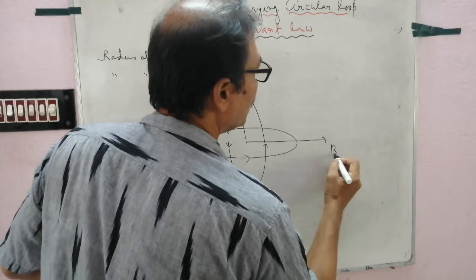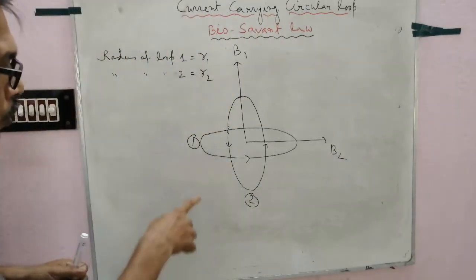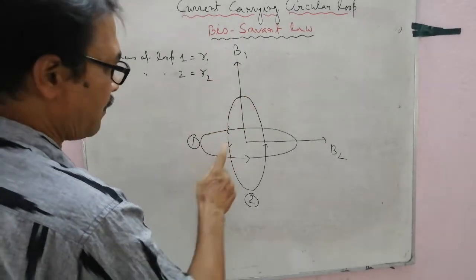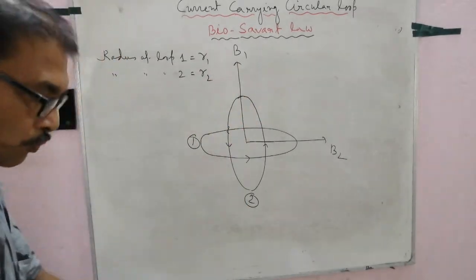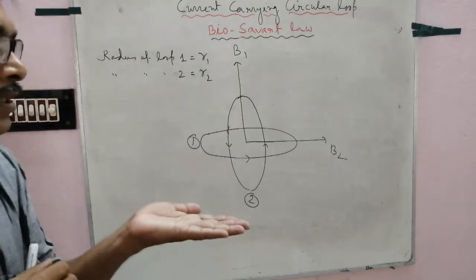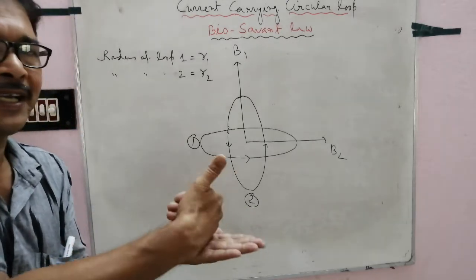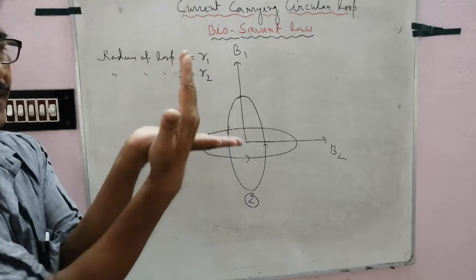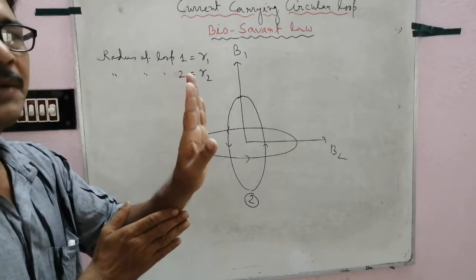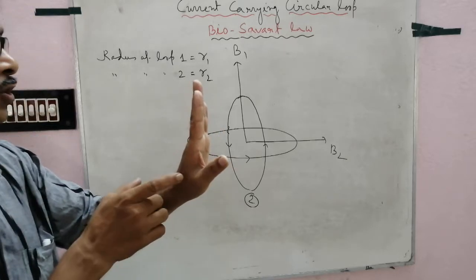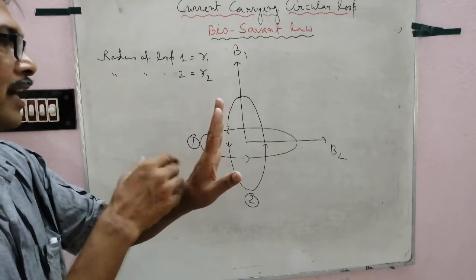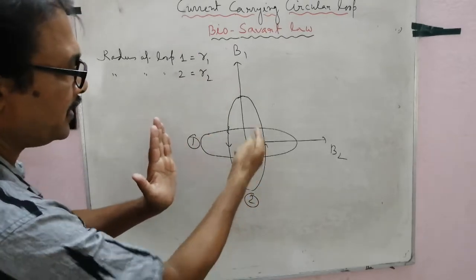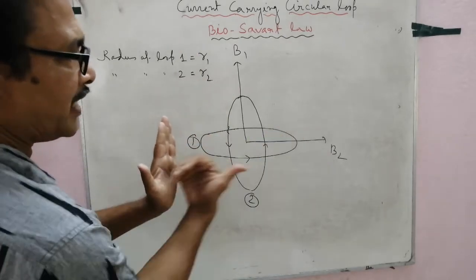Actually, magnetic field due to the first loop is B1 and magnetic field due to the second loop is B2. Follow. This is the first loop, current in the upward direction. This is the first loop and another loop, mutually perpendicular to each other and concentric. So the current direction is upward, follow, in this way, magnetic field B2.